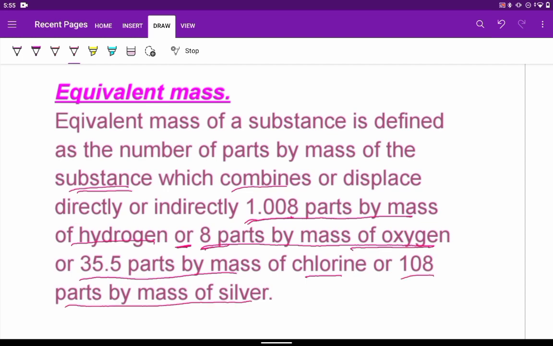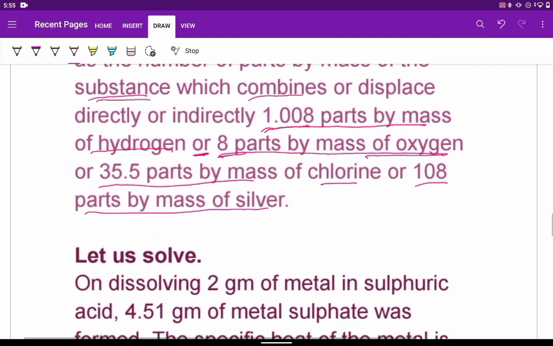So the equivalent mass of the substance is how much mass of that substance can combine with or displace any one of these. That is called the equivalent mass of that substance.